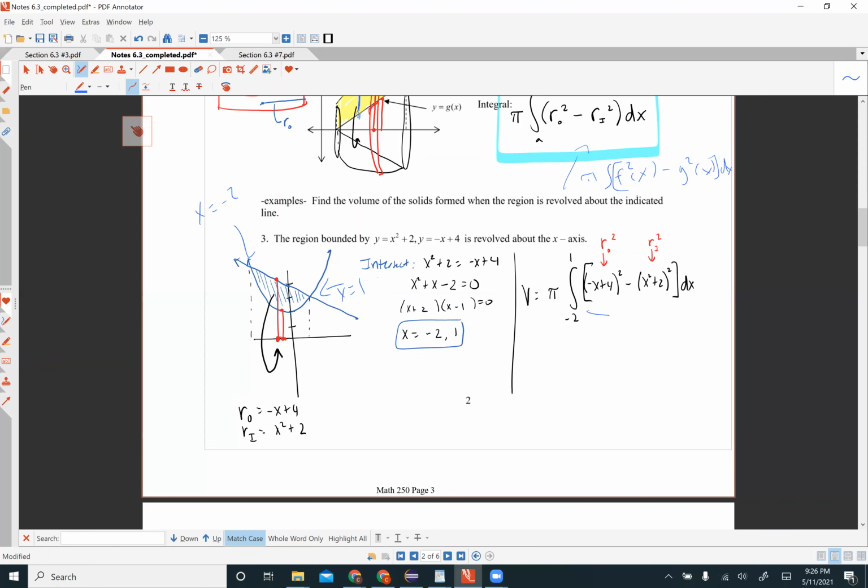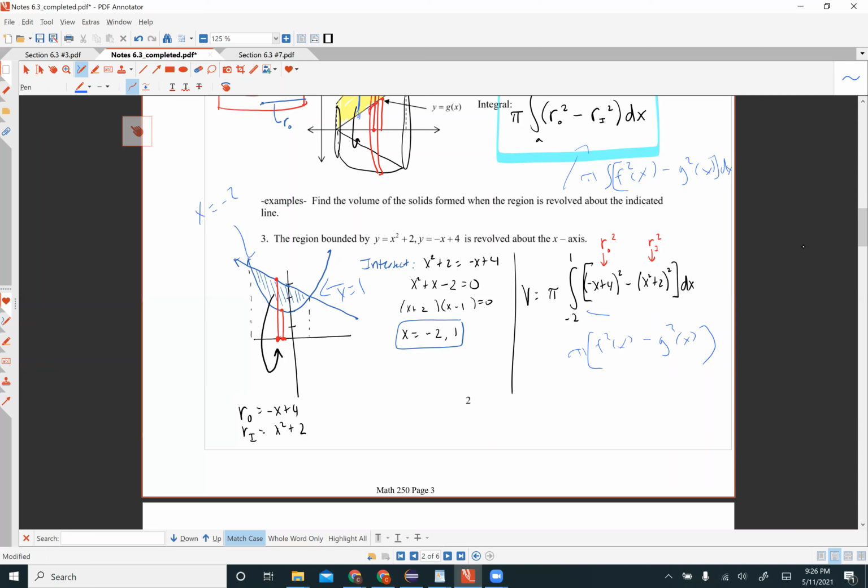The radius of the lower curve is x squared plus 2, so you have to square that. Remember, it's pi times f squared of x minus g squared of x. That's your integrand. And graphing it, and especially graphing, will really tell you where the limits of integration are.